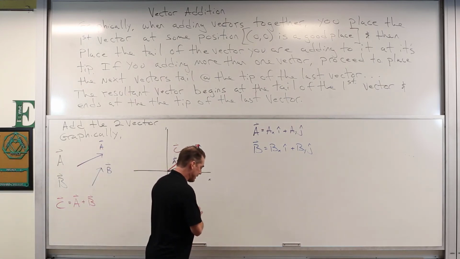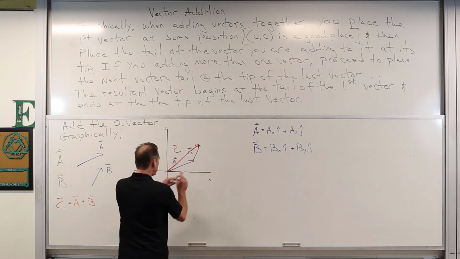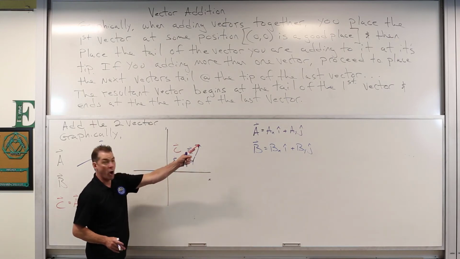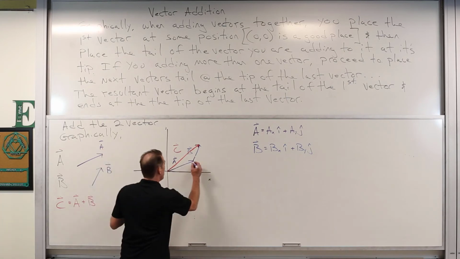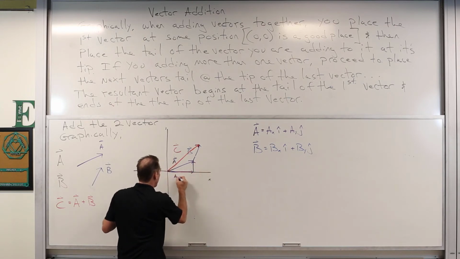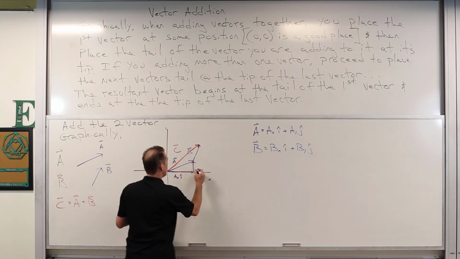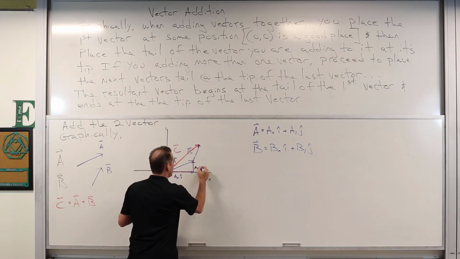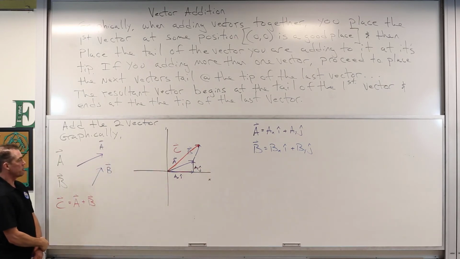So I can take this A hat here, and I can resolve it into its individual components. If I translate this down, and then this comes over, I've got some A sub x i hat there, and some A sub y j hat there. So there are the components. Great.